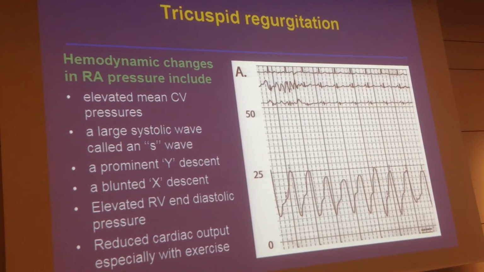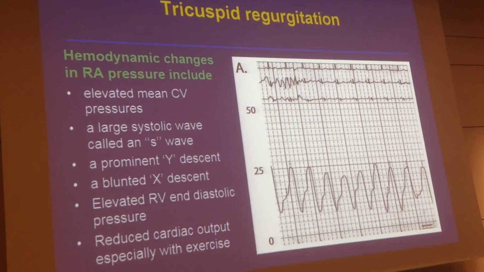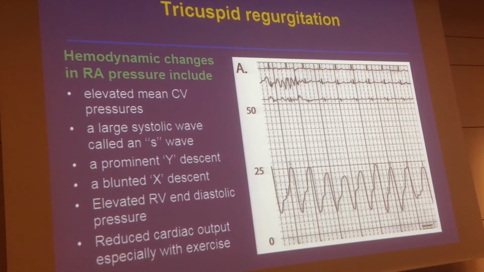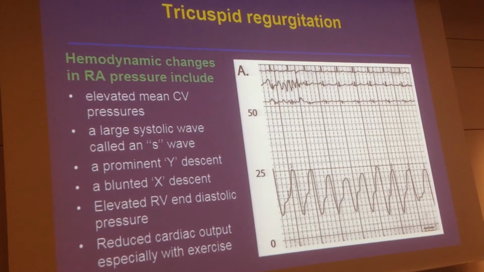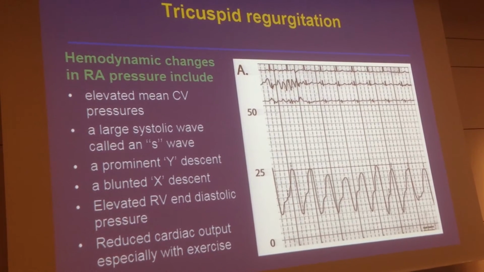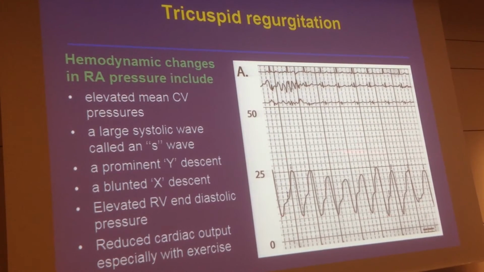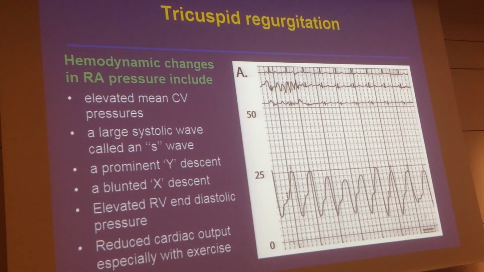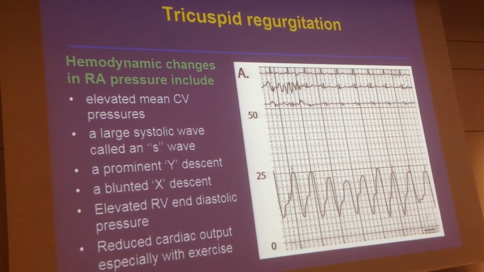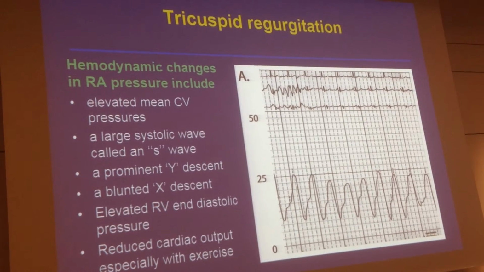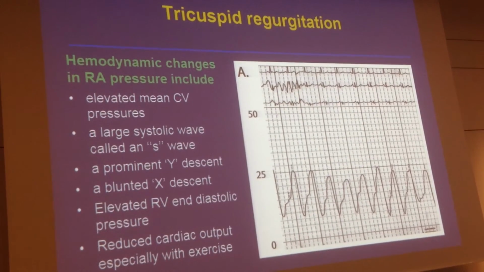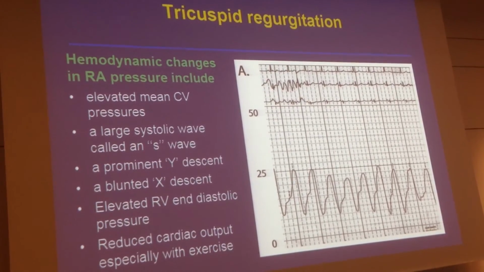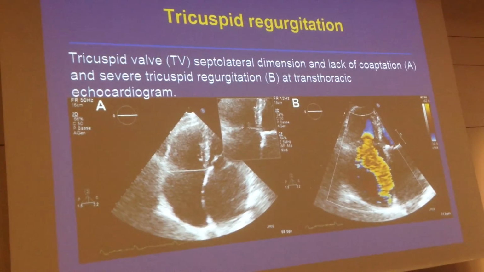If your patient starts to exercise, tries to become more active, or you try to wean him from the ventilator, or you intubate the patient because of ARDS, and suddenly you discover a huge V wave in the CVP line, which may mimic the right ventricular pressure curve, this is a clear indication that this patient has severe tricuspid regurgitation, and this may be the cause or the cofactor for the low cardiac output that you may find in this patient.